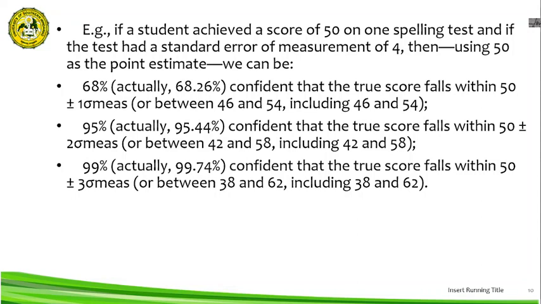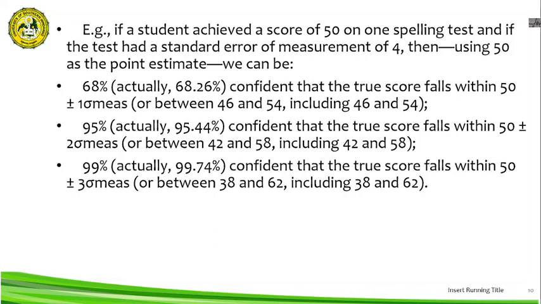So, 95%, actually 95.44%, confident that the true score falls within 50 plus or minus 2 standard errors of measurement, or between 42 and 58, including 42 and 58.